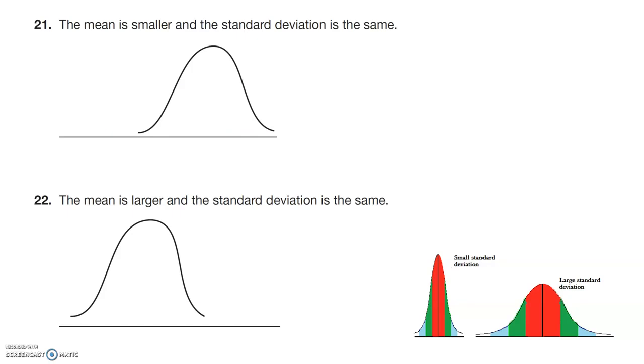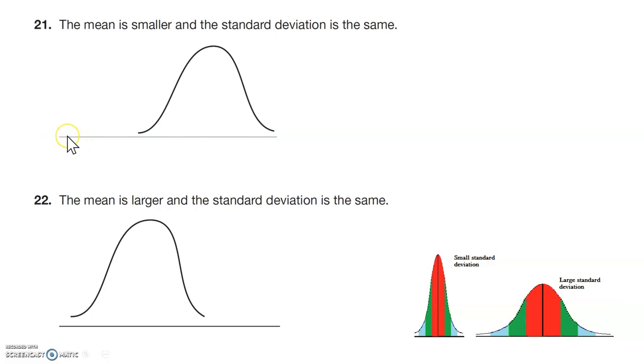The mean is smaller, and the standard deviation is the same. So, is it going to be fatter? No. Is it going to be thinner? No. Will it change positions? Yes, it will. If this is your number line, remember a 0 will be here.